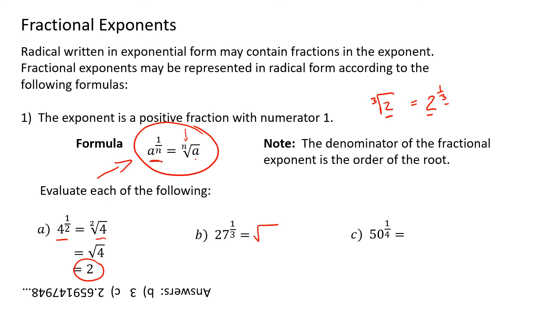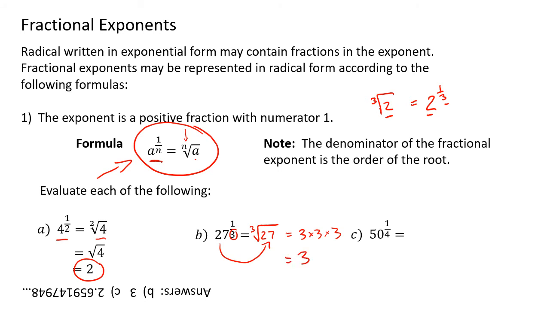Again, we can start with the root sign, and because the number here is 3, that means it's the third order root. And the number here is 27. So you take the base, and that's what goes under the root sign. We've looked at a similar one in the previous example. I know that that is 3 times 3 times 3, just thinking about that in my head. So the answer to that one would be 3.